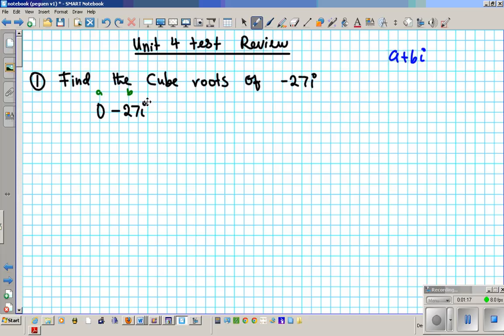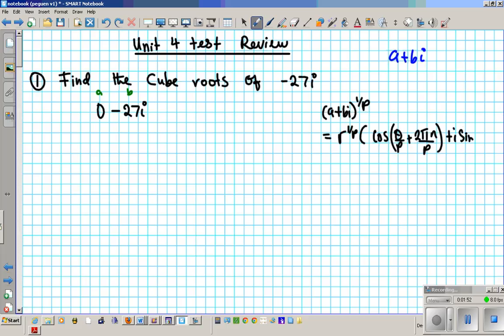Do not take the i ever, okay? So if I want to take the cube root out, I'm going to be applying that interesting formula, which is basically, let me write it on the side here, a plus bi to the 1 over p formula, which is r to the 1 over p times cosine of theta over p plus 2 pi n over p, and then also for the sine, we have the same thing, with the i over there.